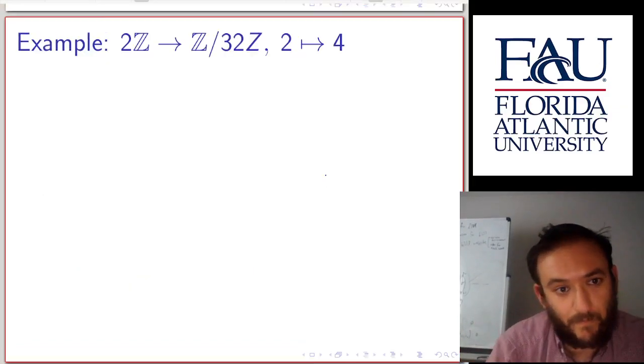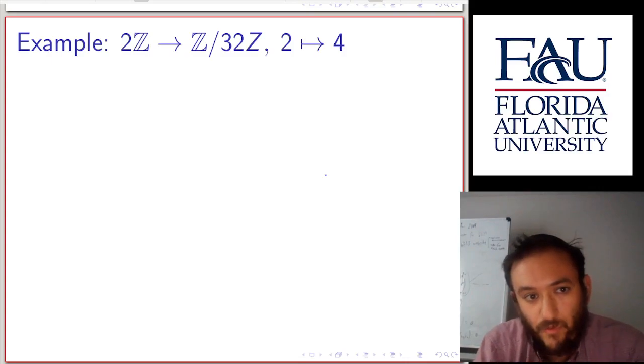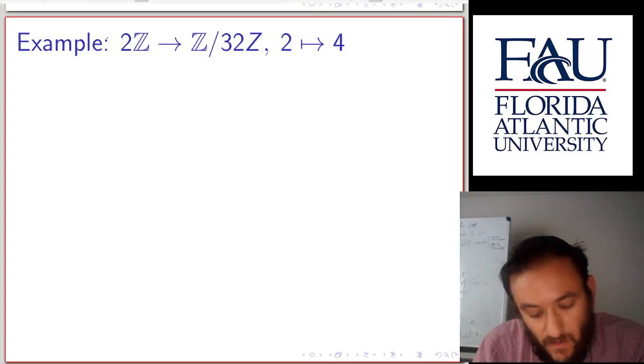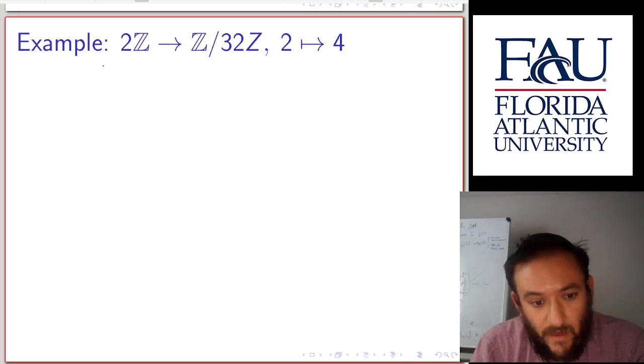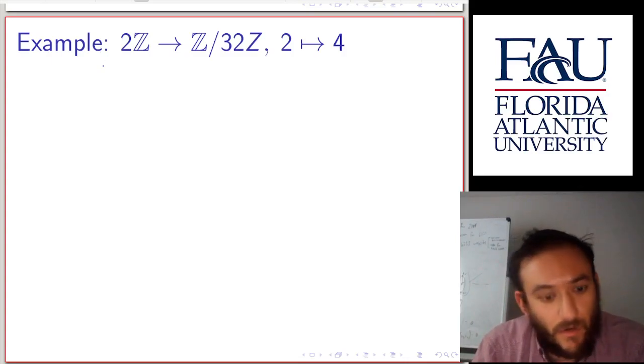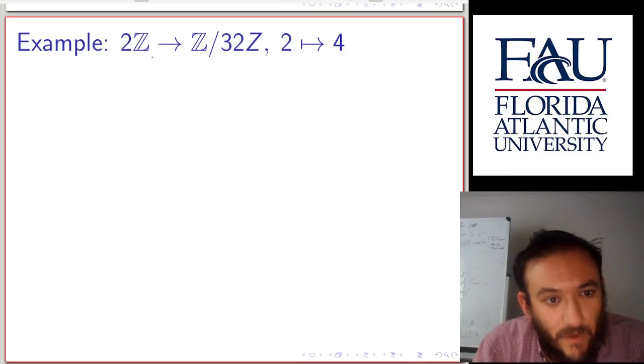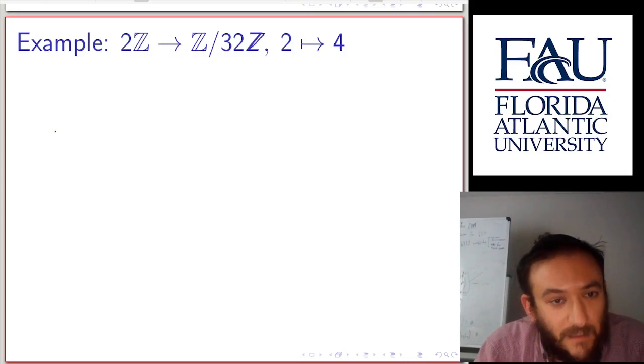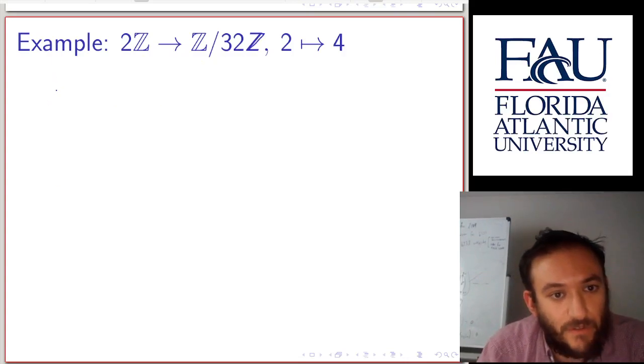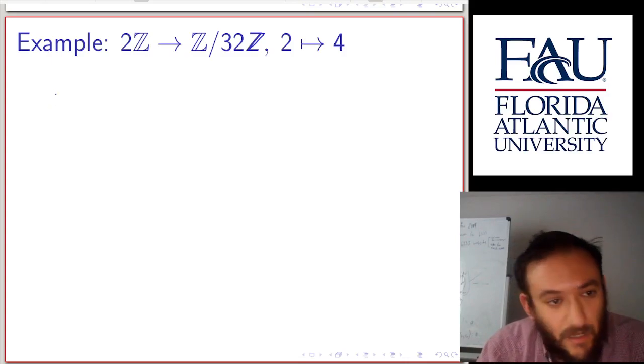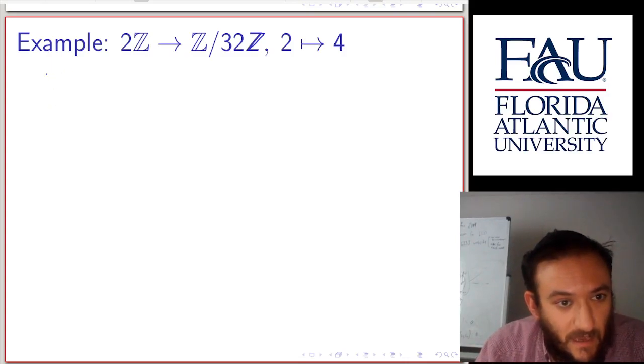Okay. Let's look at a sample homomorphism, and we can think about the kernel and the image and the cokernel. So if we're looking at 2Z mapping to Z mod 32Z, and we're thinking of both of these as Z modules, so this is a homomorphism of Z modules.